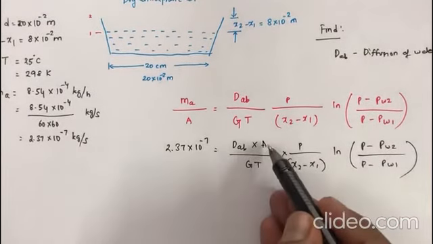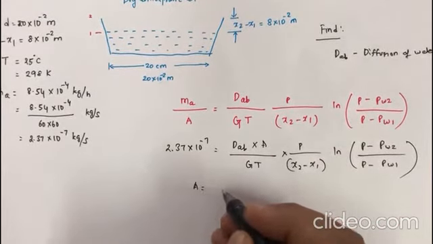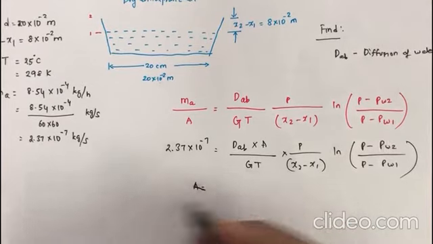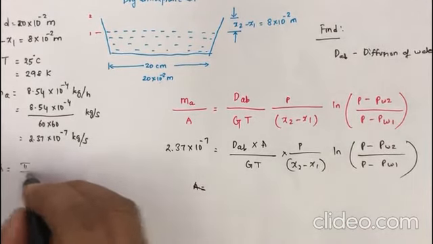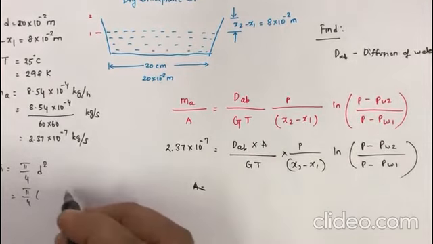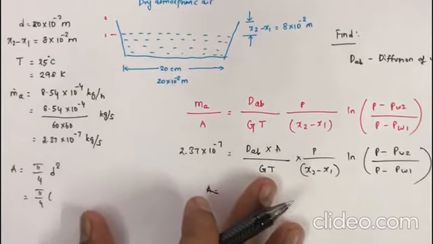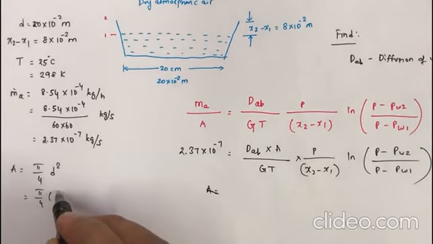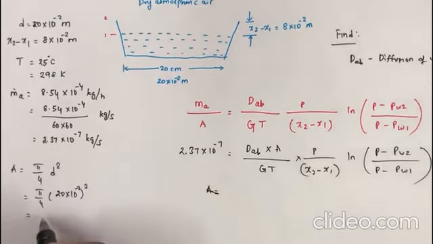So we took the A here, so let us find this A. A is equal to pi by 4 d square. The diameter is 20 into 10 power minus 2, squared. So this works out to 0.0314 meter square.